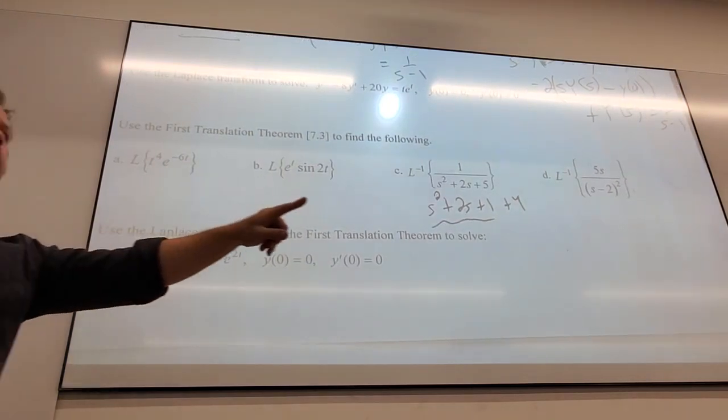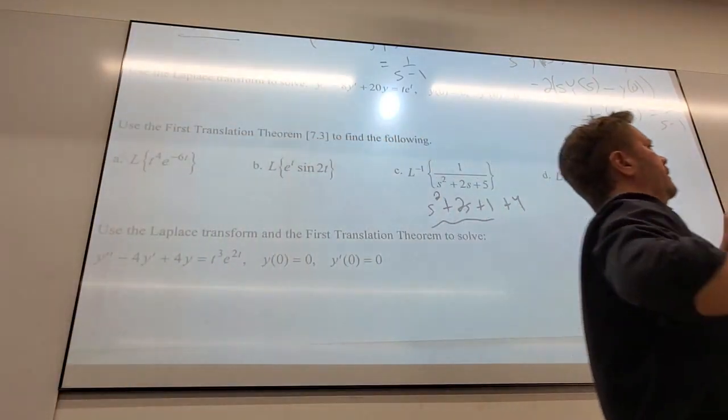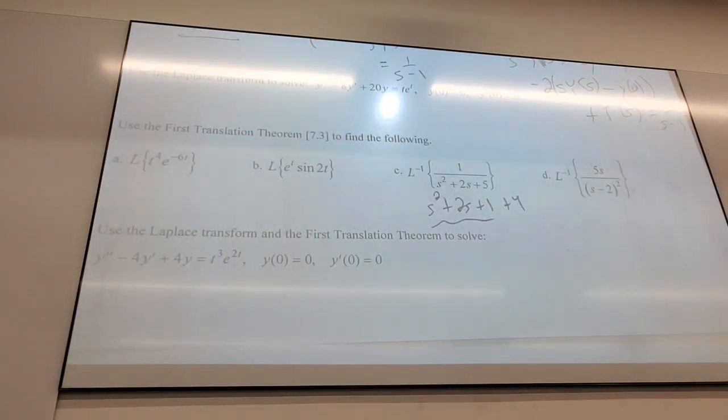Then it's just a translation, correct? So whenever you see an inverse Laplace of something where the bottom's not factorable and it's a quadratic, you think, can I make it into a perfect square, like completing the square, plus whatever makes the bottom work? Then it's just going to be a translation. Does that make sense? Okay. Those are the kind of things you look for.